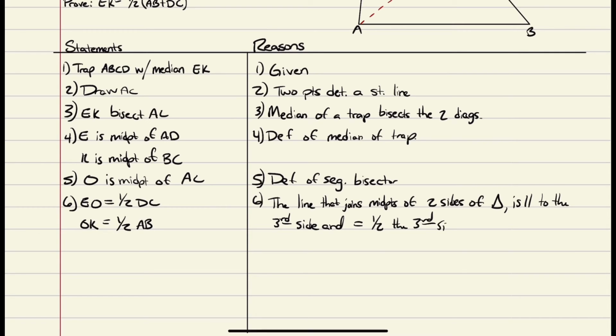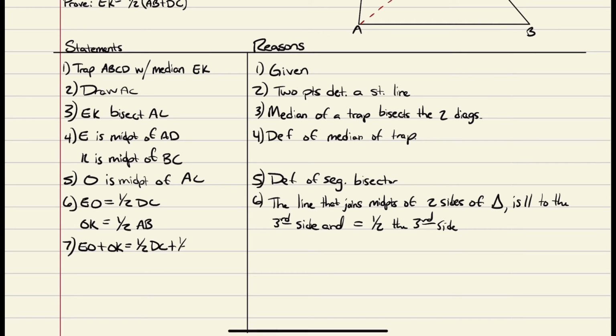Now we're going to use just a little bit of algebraic kind of thinking, really just mathematics thinking with these sides. I'm going to start saying that EO plus OK equals 1/2 DC plus 1/2 AB. Let's see what I'm saying.